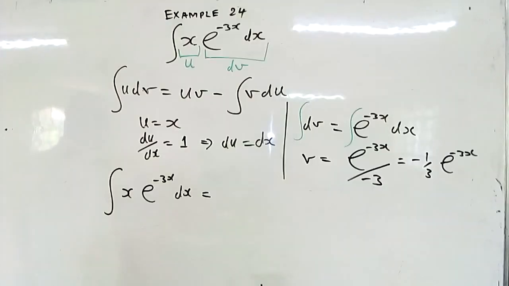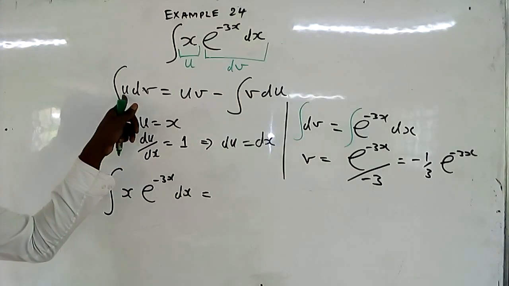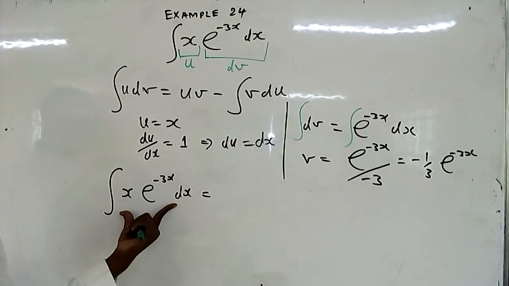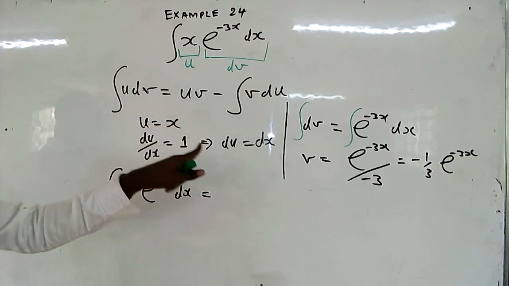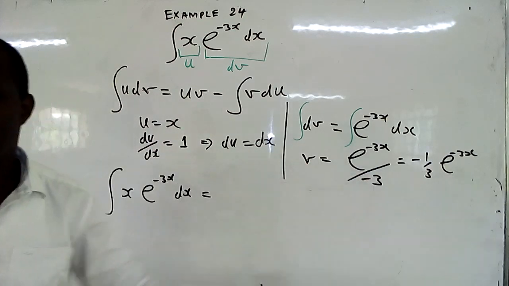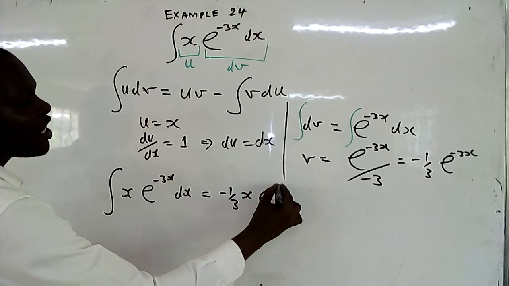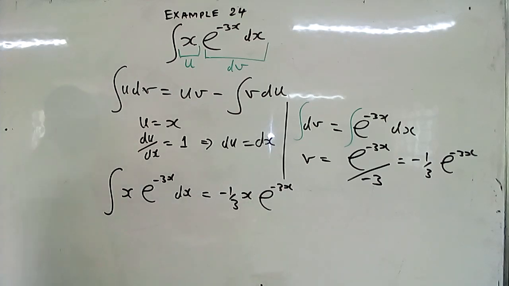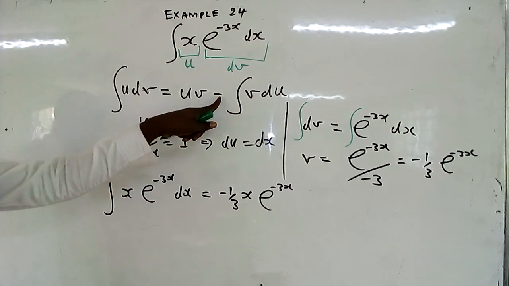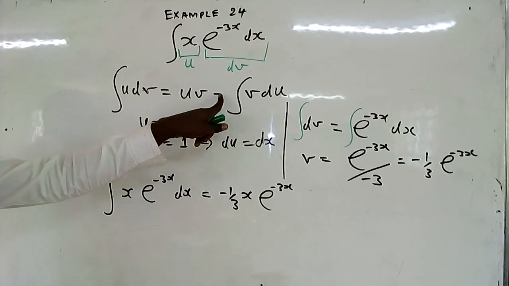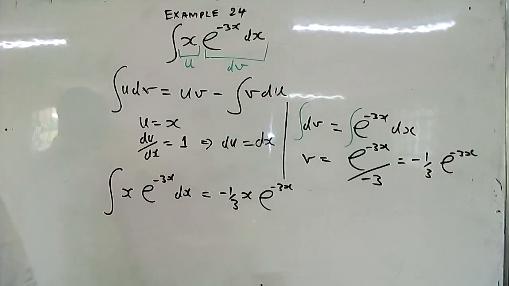So u dv is equal to u times v, x times the value of v, so you get negative 1 over 3 x exponential negative 3x. Then it is minus the integral of v du. Are you together?